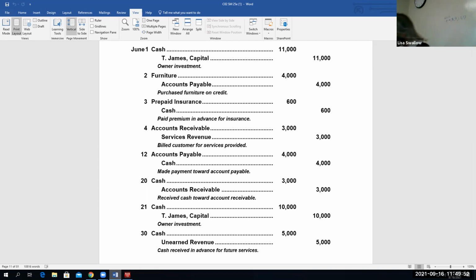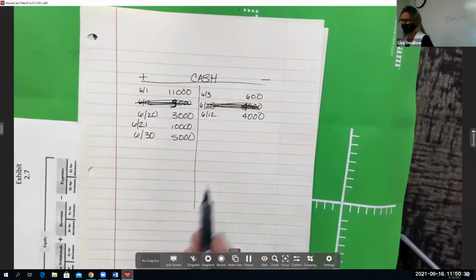No, that was opposite. Oh, I'm not doing a very good job here. Okay, let me just hold this up. So on the 12th, and then the 20th, and then the 21st, and then the 30th. Okay, does this look roughly right?